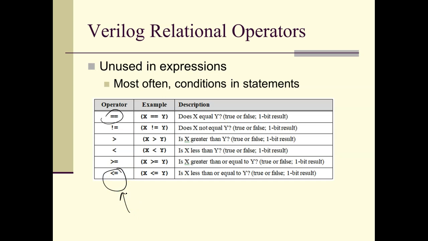That's actually the non-blocking assignment operator, but it's also reused as a less than or equal to operator. No big deal. The synthesizer decides what it's doing by context. Once again, these comparisons generate a 1-bit result, with 1 being true and 0 being false.